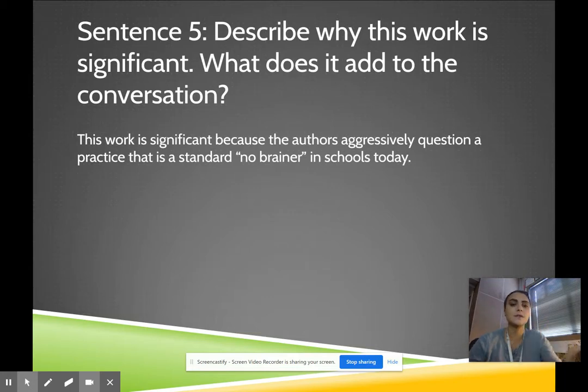So it adds to the conversation because it challenges something that most people don't think about challenging. So this work is significant because the authors aggressively question a practice that is a standard no-brainer in schools today. Think about what this text or what these ideas bring that's new to the conversation.